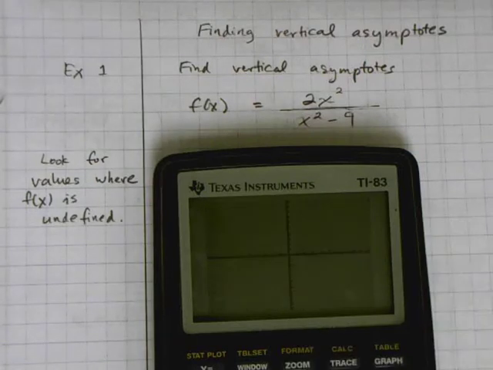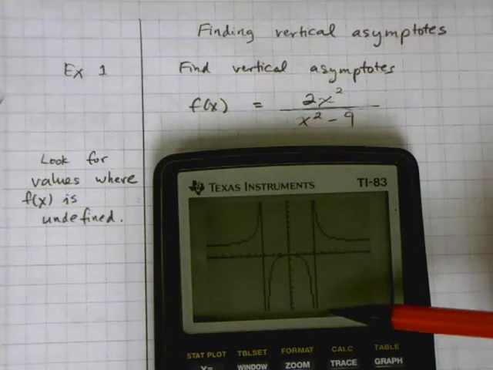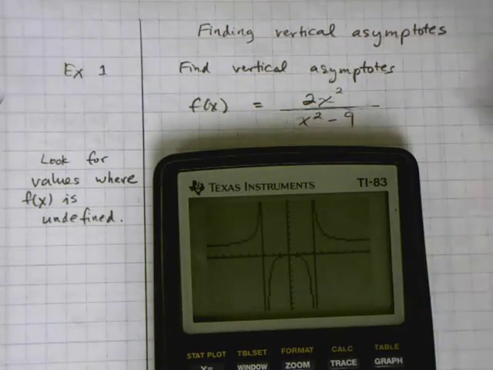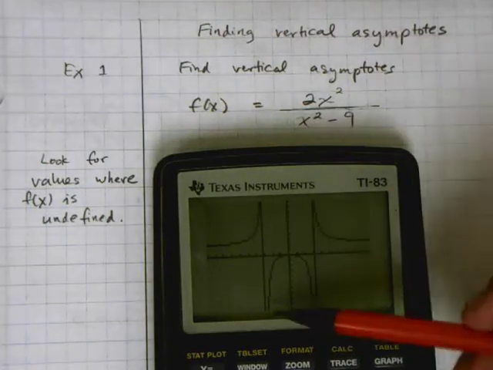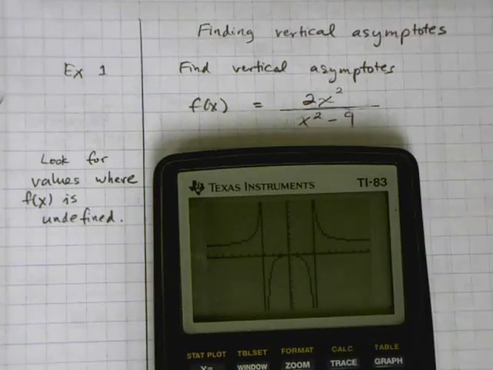I'm going to use my zoom standard. You can see in the graph that it's drawing in these two vertical lines. They're not part of the graph, they're actually asymptotes. My calculator is trying to draw in vertical asymptotes for me, and you can see that they occur right around 3 and -3.